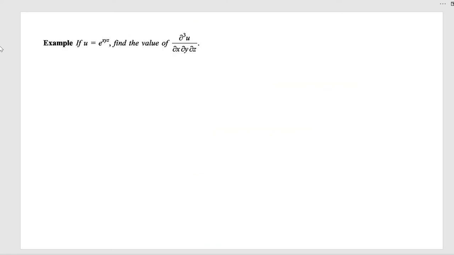Now if you try to find out the derivative for this function, then we will have this form. So u equals e to the power xyz. Okay, so del u, del x, del u, del z, because you want to find out, okay, this order.